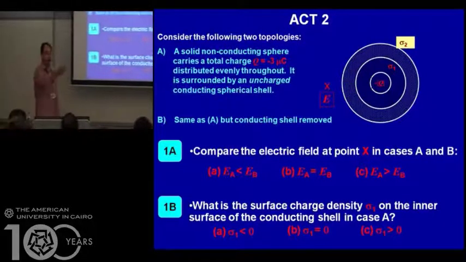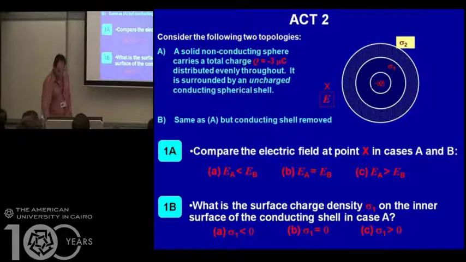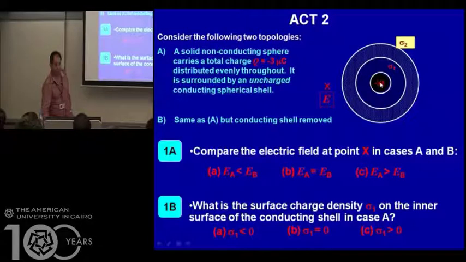Ala said, if this was a conducting sphere, will the electric field here be the same? Yes. How about the electric field inside that sphere? It's going to be different if it's conducting or non-conducting. If it's non-conducting, we will have some electric field inside. If it's conducting, the electric field inside is going to be zero. That's what we have proven a minute ago.